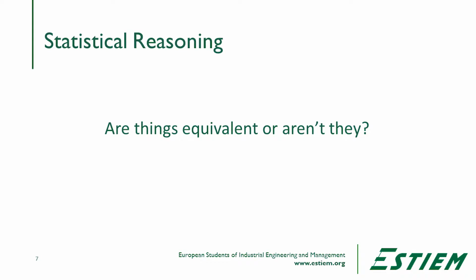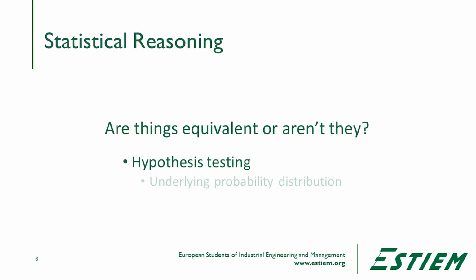So let's begin. I want to go back to some statistical reasoning. Statistical reasoning is saying, are things equivalent or aren't they? The fundamental tool for this is this idea of hypothesis testing. So statistical tests of hypothesis are based on a comparison to some unknown or known, or expected, underlying probability distribution. So I have observed the real data versus expected data, the probability distribution.